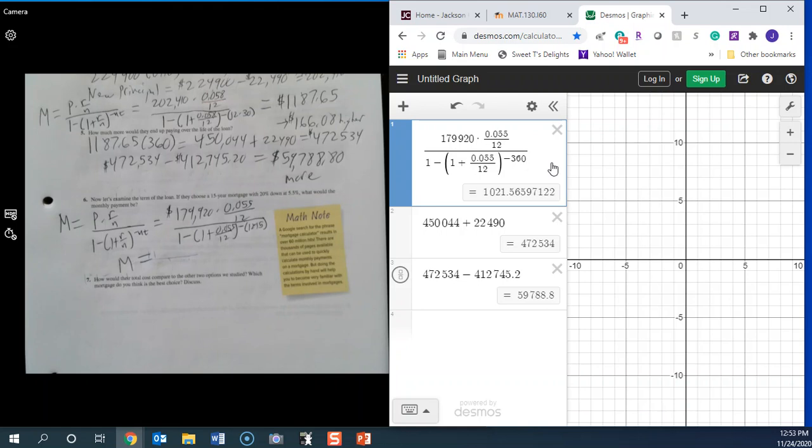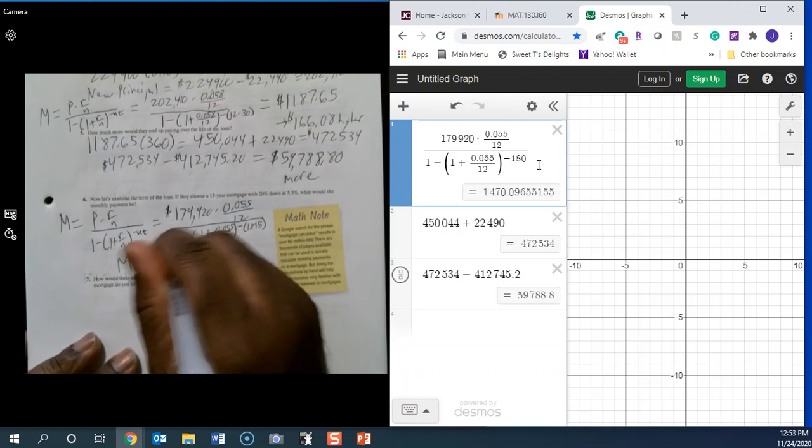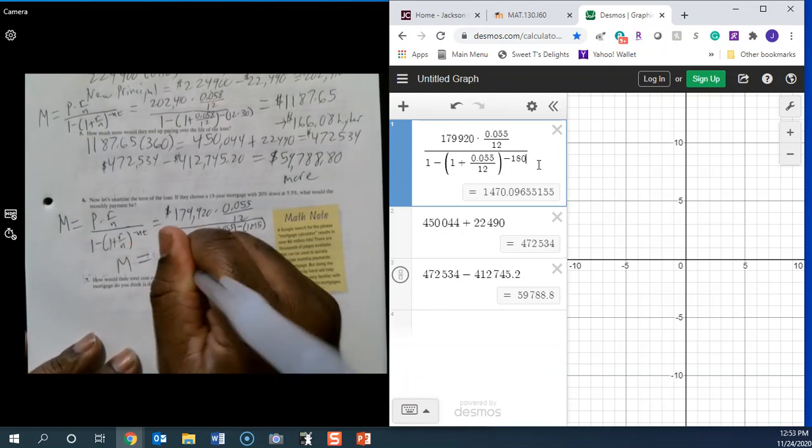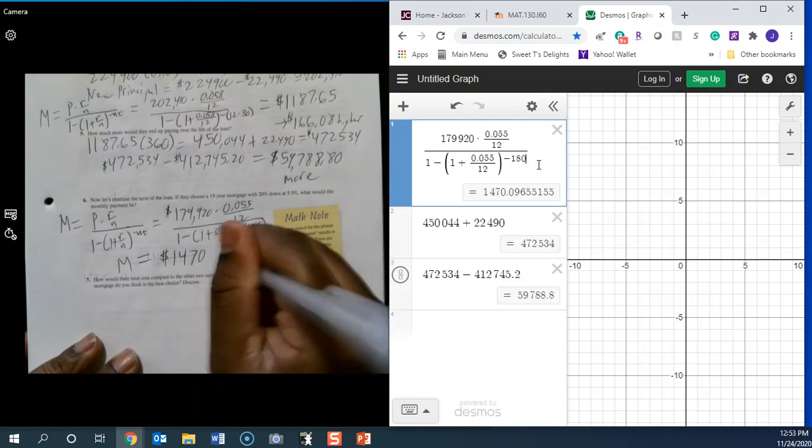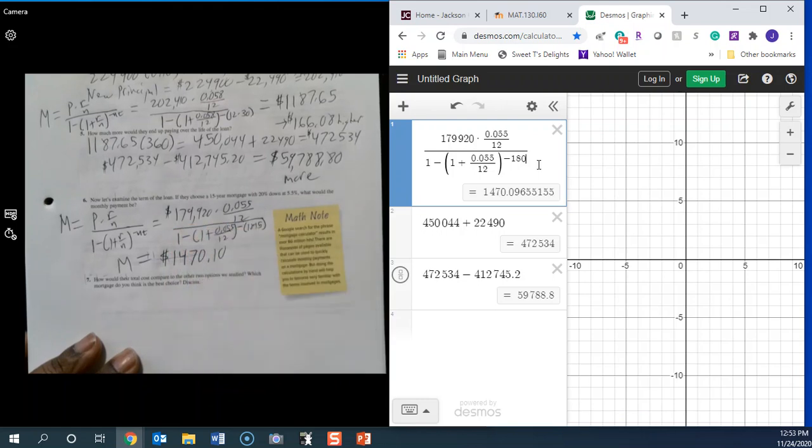And then our exponent, instead of being 360, it'll be 180. So now our payments would be $1,470.10.